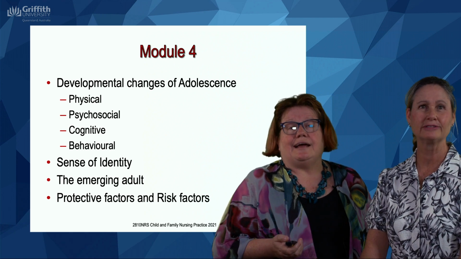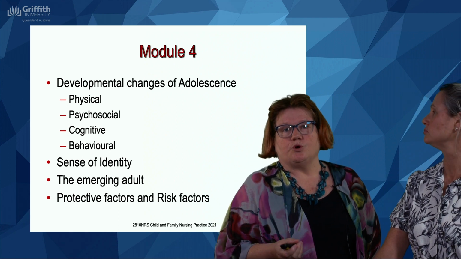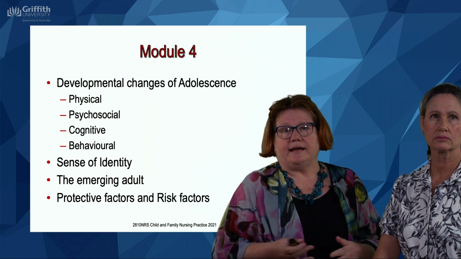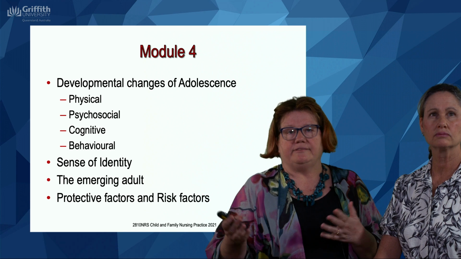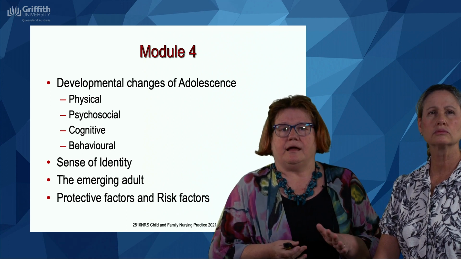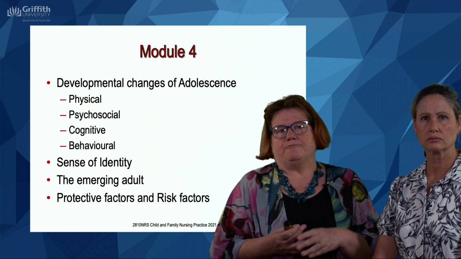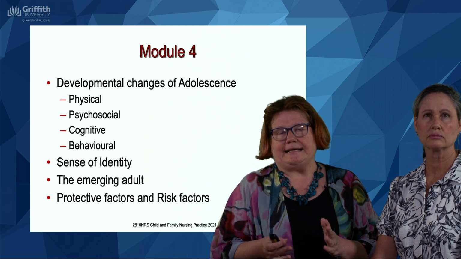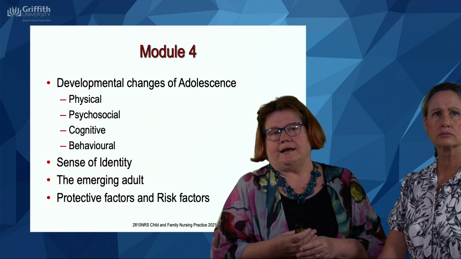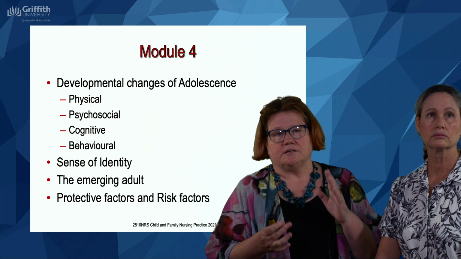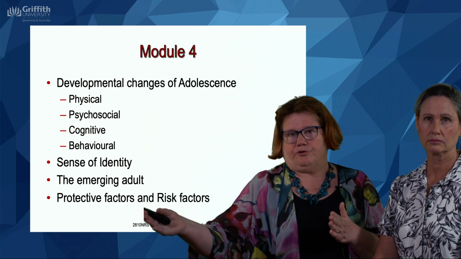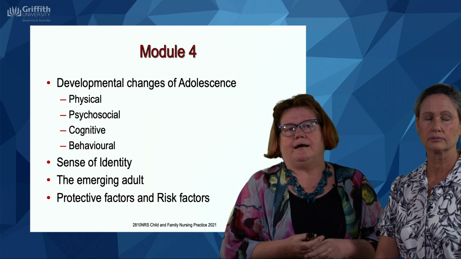Yep. I was just going to add that we talked a lot about age range and what we identify as that age range for adolescents, and you'll see anything from 11 to 20 or 13 to 25. And just remembering that unlike the age group before that, where we can fairly clearly say at this age range this is what they'll be doing, with adolescents those physical, psychosocial, behavioural changes can happen at any age throughout that 11 to 20 age bracket, if you like.